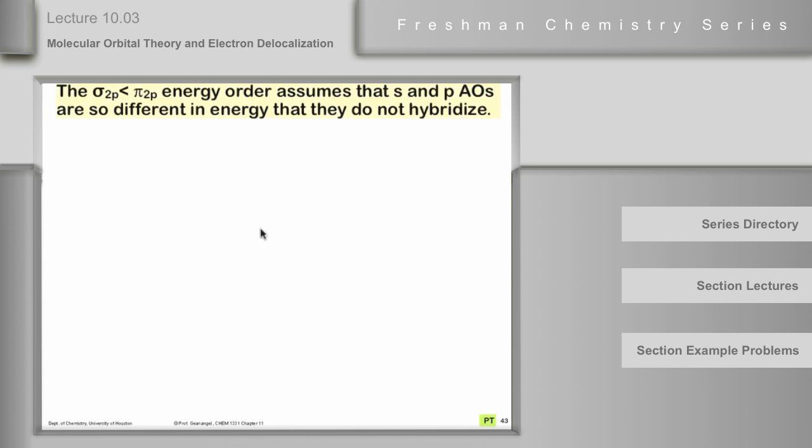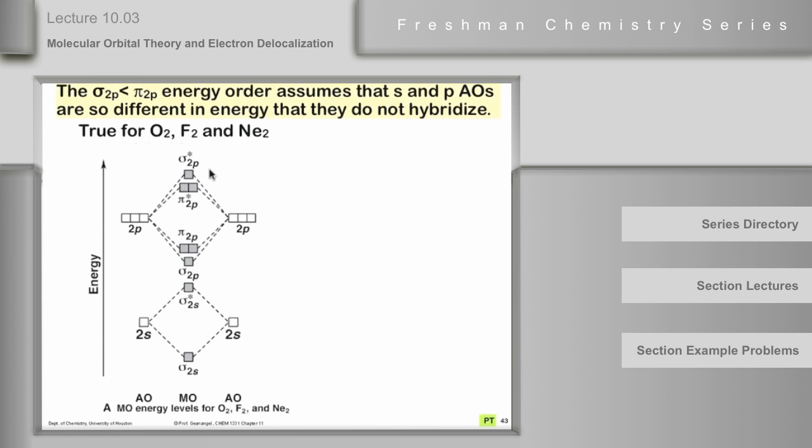So for the time being, all I'm going to tell you is that sigma 2p is usually below pi 2p, but there are some cases where the atomic orbitals mix. And the easiest way to do this is just to memorize where it doesn't mix and where it mixes, or memorize one and assume the other.